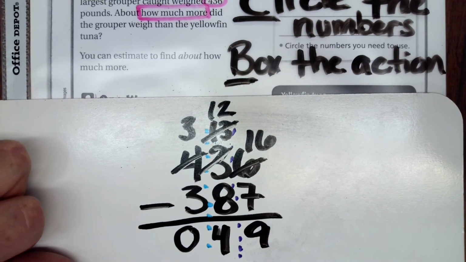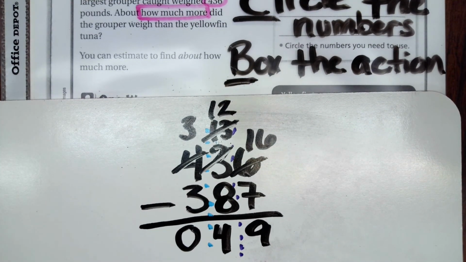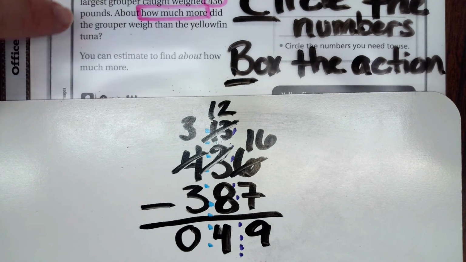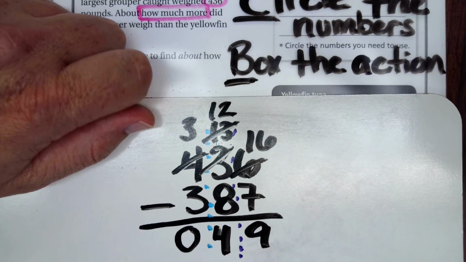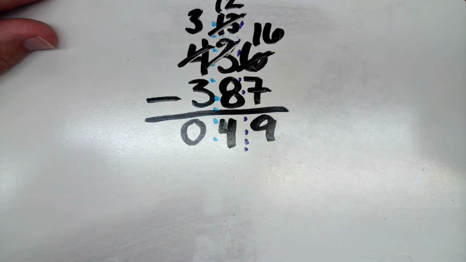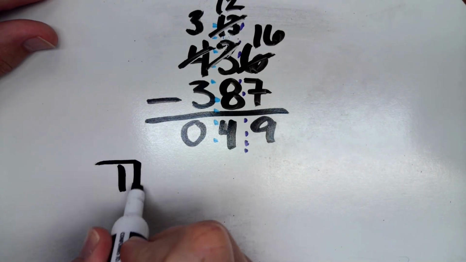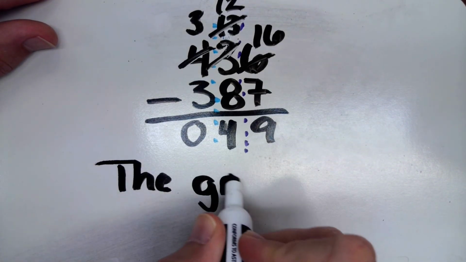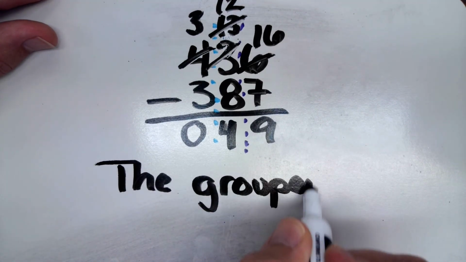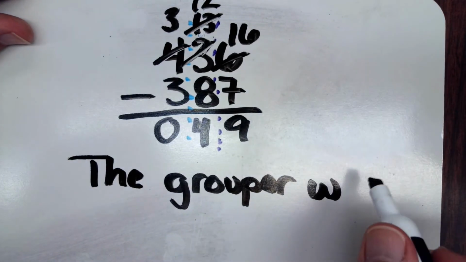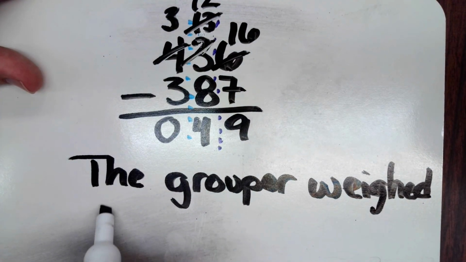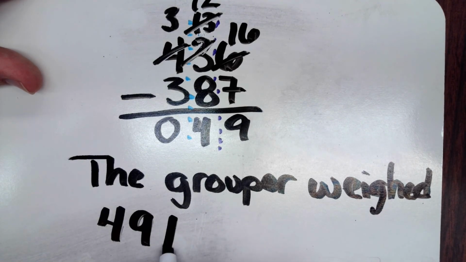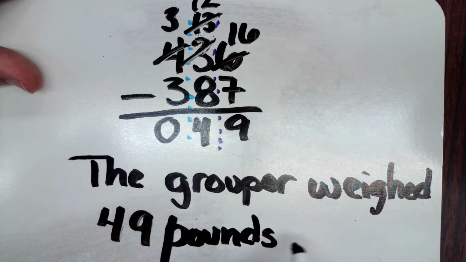The question asked how much more the grouper weighed than the yellowfin tuna. So I can say in my nice word response, the grouper weighed 49 pounds more.